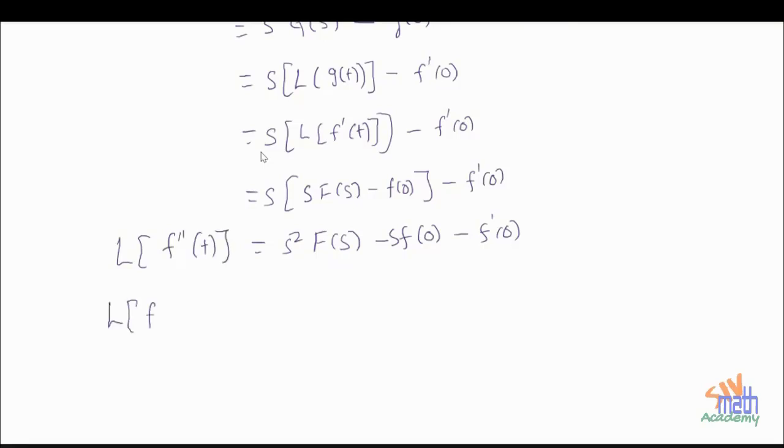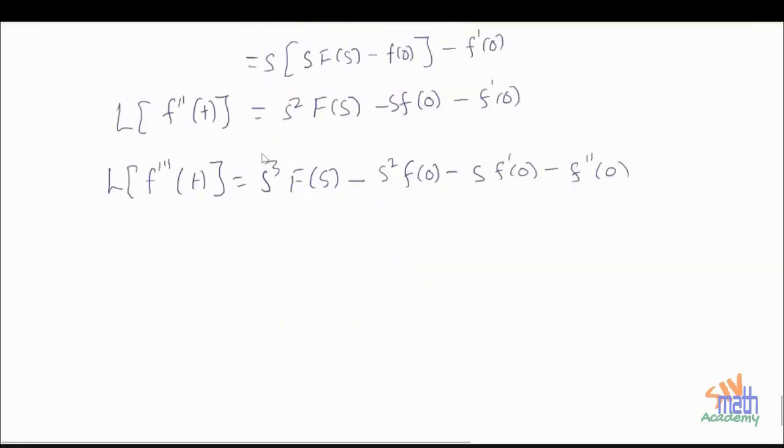Similarly, you can establish L of f triple dash of t in this fashion, that is s cube F of s minus s square f of 0 minus s into f dash of 0 minus f double dash of 0. This is the formula for the third derivative. And similarly for the nth derivative, that formula you can also derive, similar to this: s power n F of s minus s power n minus 1 f of 0, just like the binomial form expansion, if you can remember.